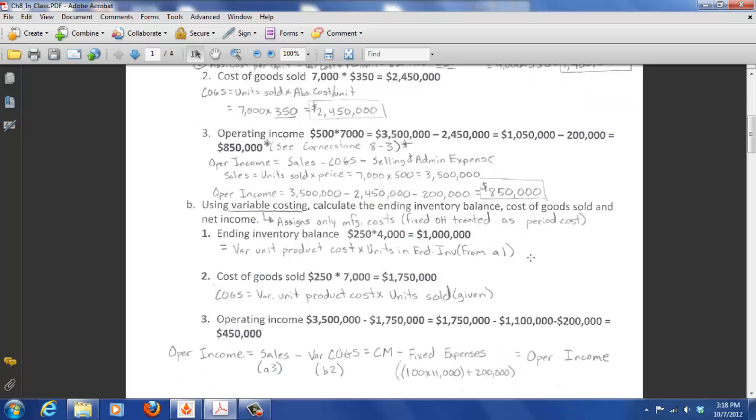Next up, we can move to our variable costing. This method assigns only the variable manufacturing costs to the actual product, and the fixed overhead in this case is going to be treated as a period cost. We can see how this contrasts with the absorption costing from above.